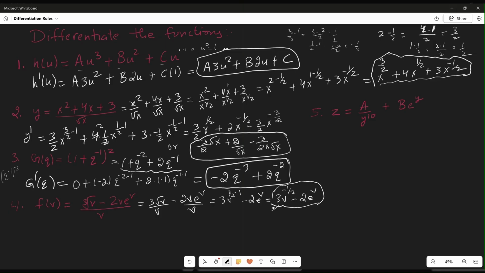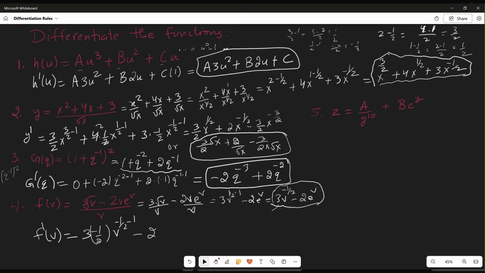So let's take the derivative of the simplified expression here. This is going to be 3 times constant multiple rule here, right? Derivative of v to the negative 1 over 2 is negative 1 over 2. Again, constant multiple rule here. Plus natural exponential function, right? Remember that rule? Derivative of e to the x is equal to e to the x.